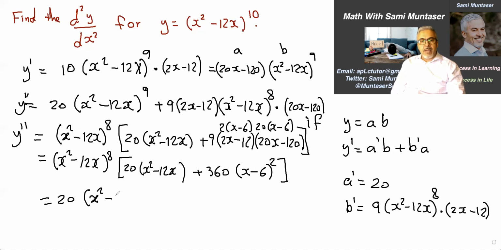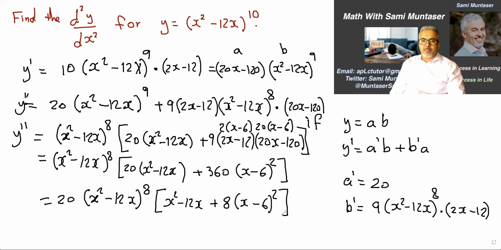x squared minus 12x to the 8, brackets, x squared minus 12x, because the 20 is gone, and if we take away 20 from here, that's going to give me plus 18x minus 6 squared. 8 times 20, no, hold on a second. 8 times 2 is 16.